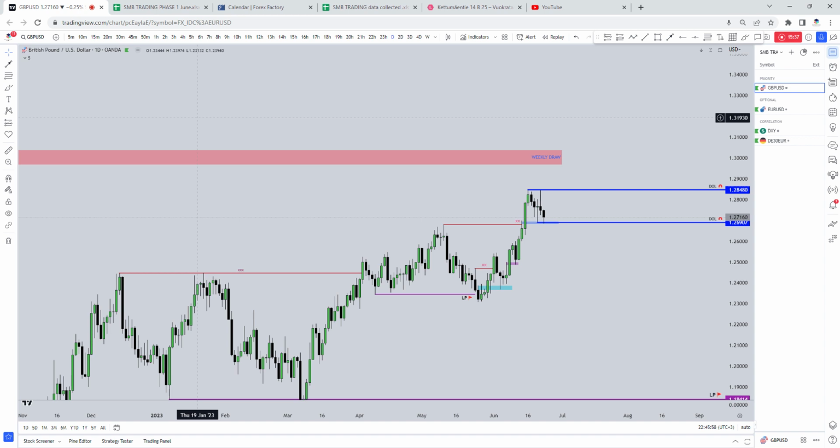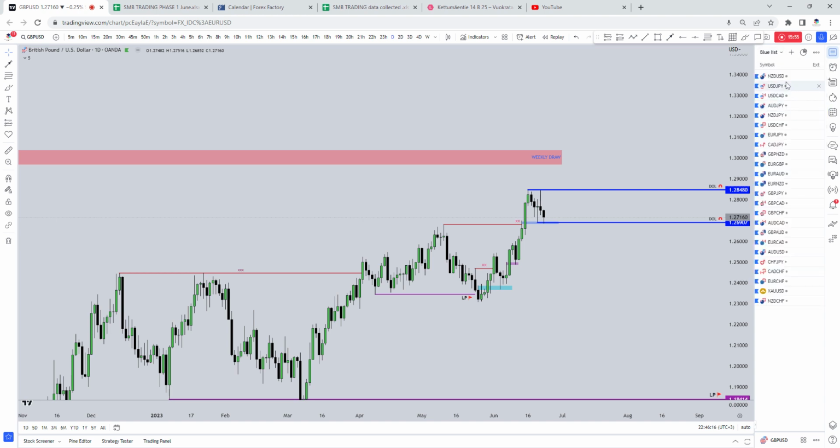But if you pick 3 pairs, make sure it doesn't have GBP, let's say GBP USD. All 3 pairs should not have USD on the right side. If you have GBP USD, you can pick also USD JPY. Then you can pick something like Euro JPY. Why?